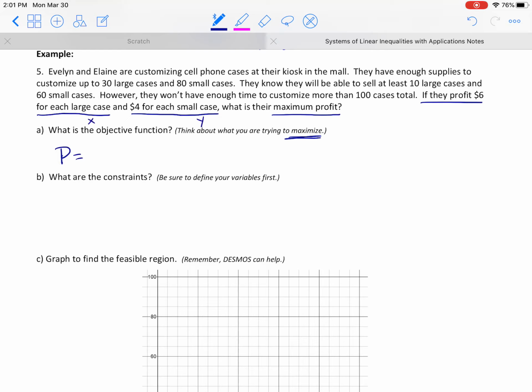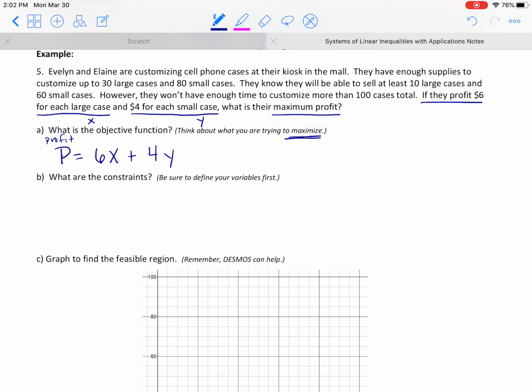But we don't know how many of each of those we're making. So let's call large cases x, and let's call small cases y's, all right? So our profit is going to be $6 for every large case, plus it's going to be $4 for every small case. Okay, hopefully that makes sense. All right, so that is our objective function. We're trying to maximize profits. So I called P is for profit here.